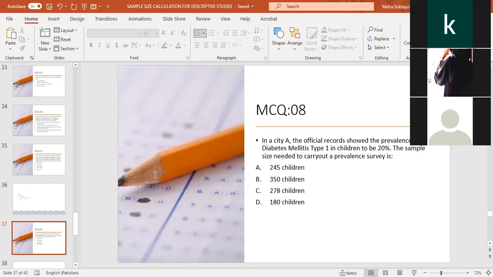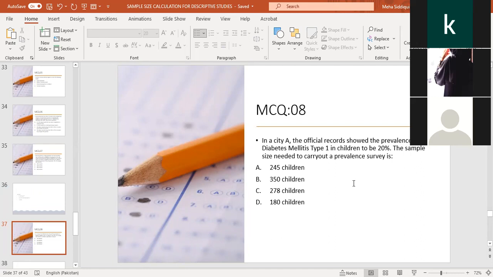In a city A, the official record showed the prevalence of diabetes mellitus type 1 in children to be 20%. The sample size needed to carry out a prevalence survey is 245 children, 350 children, 278 children, 180 children. Again, this question requires a calculator.